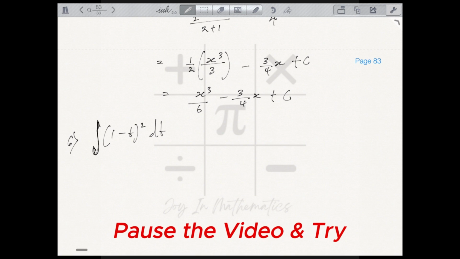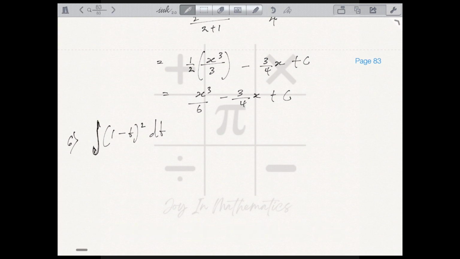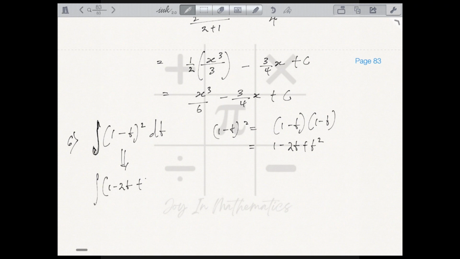Now when we want to simplify this, we can first open up the brackets, because we know that 1 minus t squared is equal to 1 minus t multiplied by 1 minus t. And then when we open up these brackets, we'll have 1 minus 2t plus t squared. Therefore, this is the same as writing the integral of 1 minus 2t plus t squared dt.